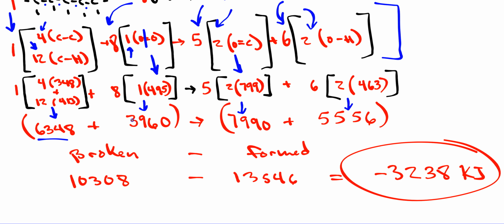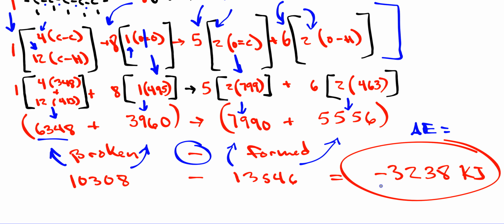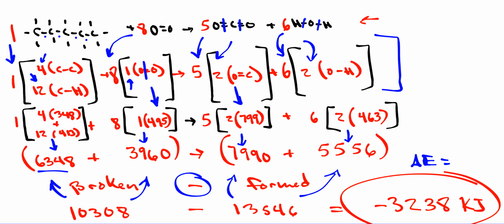Then I added these together on both sides, but then I subtract the broken minus the formed. So 10308, that's when these two are added together. The 13546 is when those two are added together. You subtract and you get the total change in energy is equal to negative 3238 kilojoules.